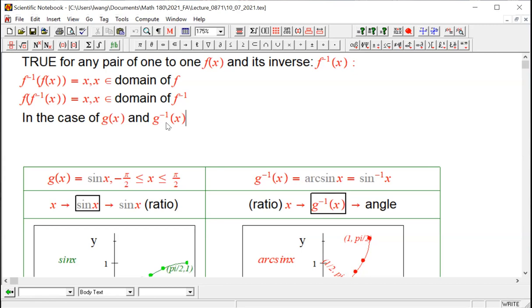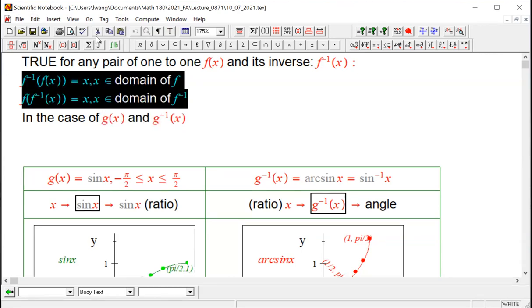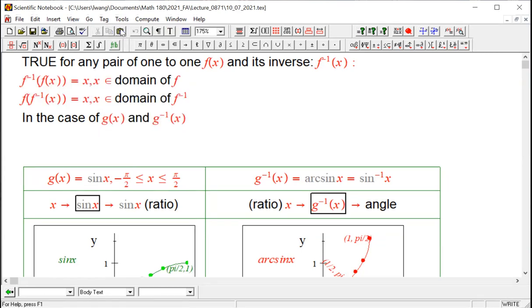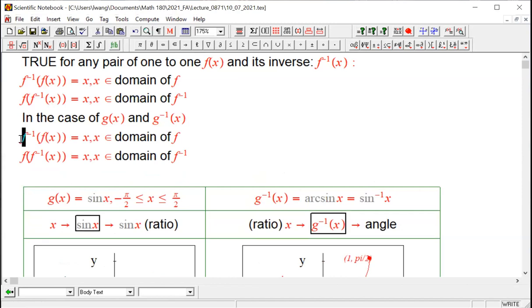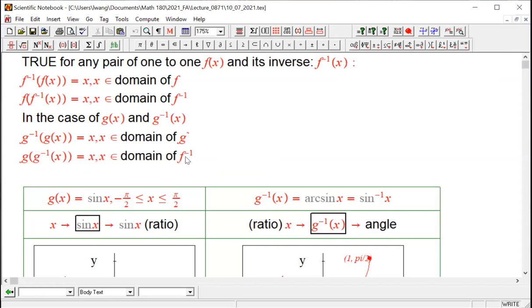So in the case of G, we just have to change F to G. This changes to G inverse, and that's G. X will be from the domain of G, and that will be from the inverse of G.